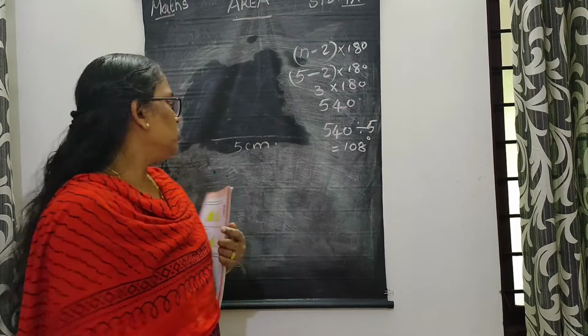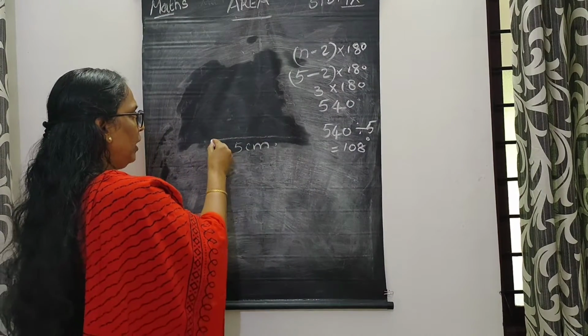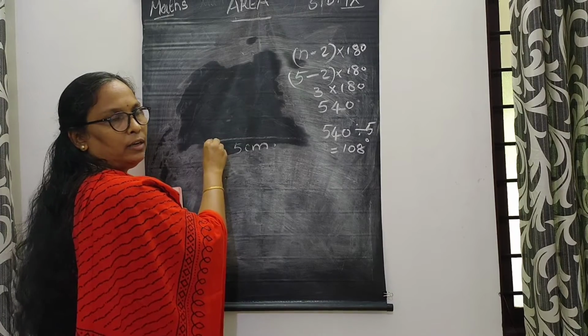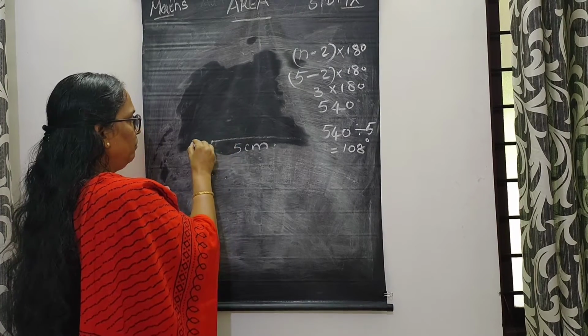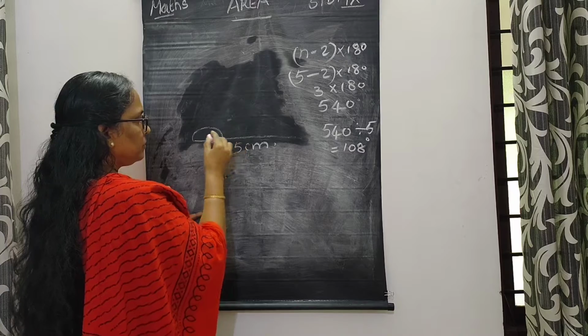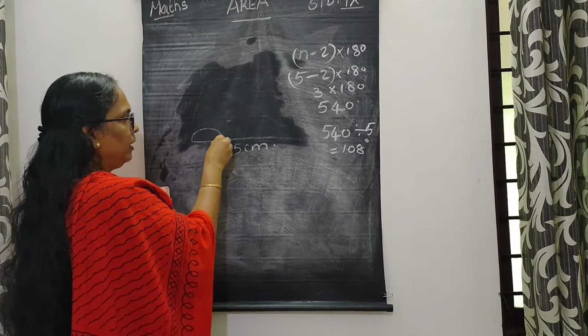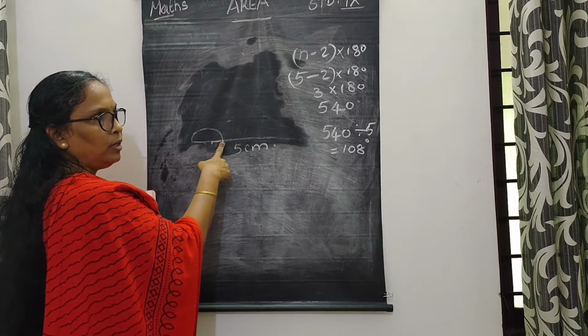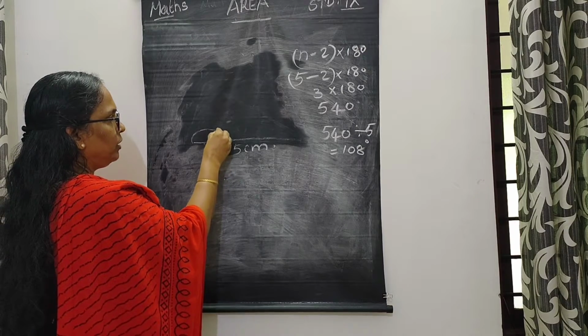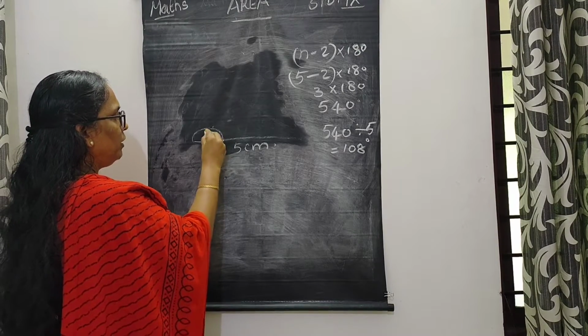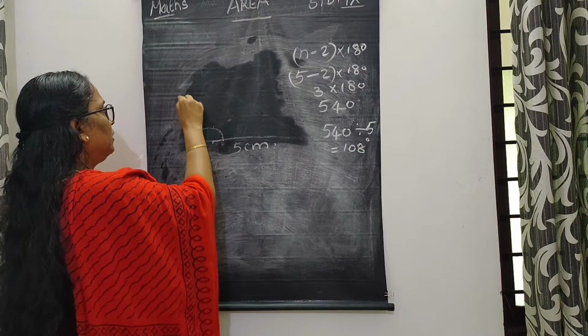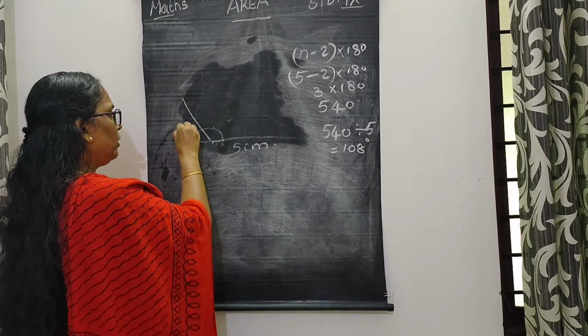108 degree. So we can take here angle 108. Take your protractor and place the protractor like this. And from here count 0, 10, 20 like this. 108 we want. So it will be here. Then we can draw a line like this, 108.